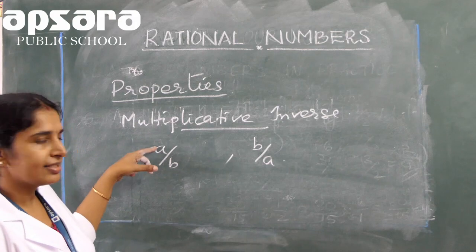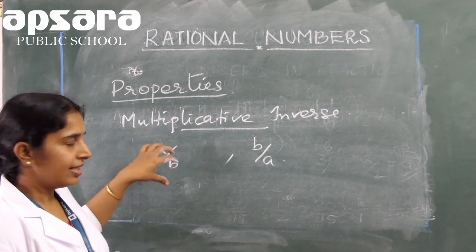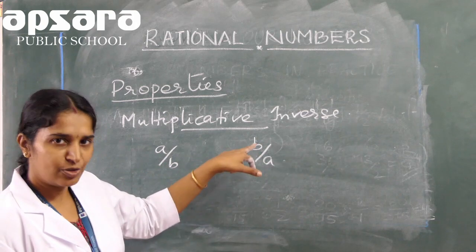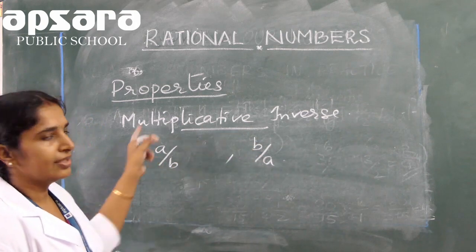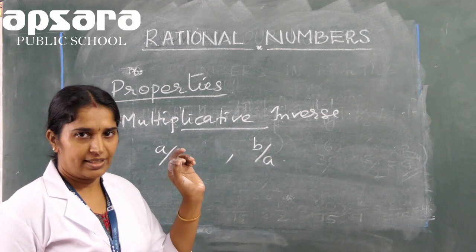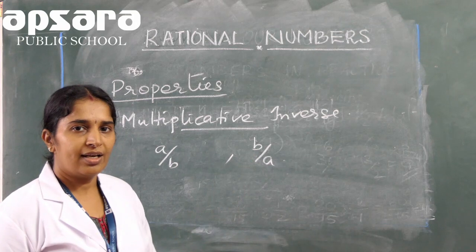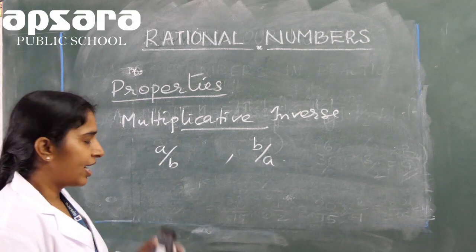Here the numerator is a and the denominator is b. In the case of multiplicative inverse, the denominator will be written as the numerator and the numerator will be written as the denominator. And what happens when you multiply a number with its reciprocal? Answer will always be 1, right?